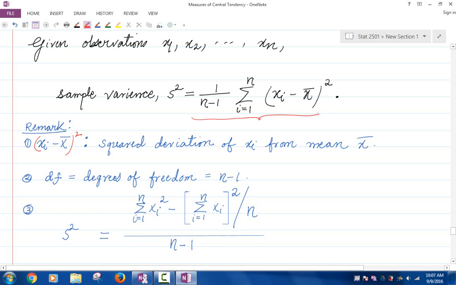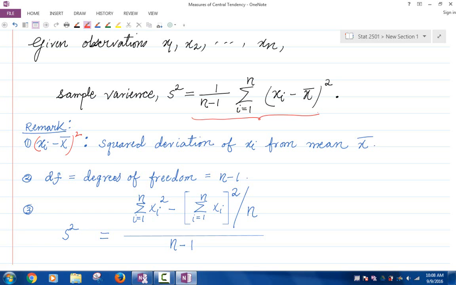That's a long sentence, I hope that made sense. So that means it is giving you a measure of how the observations are clustered around the mean.